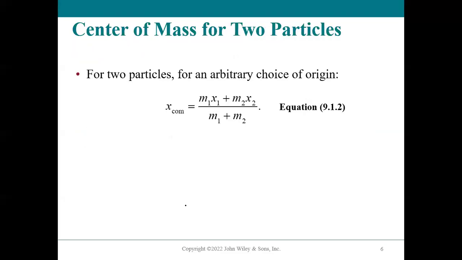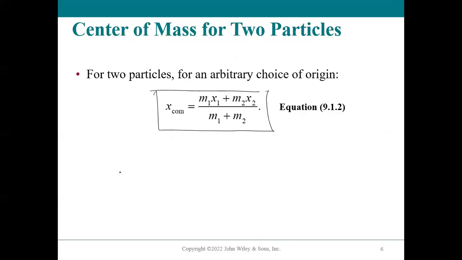For two particles with an arbitrary choice of origin, x_com equals m1 times x1 plus m2 times x2, divided by m1 plus m2.